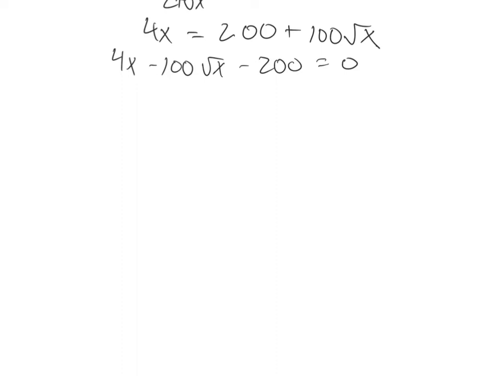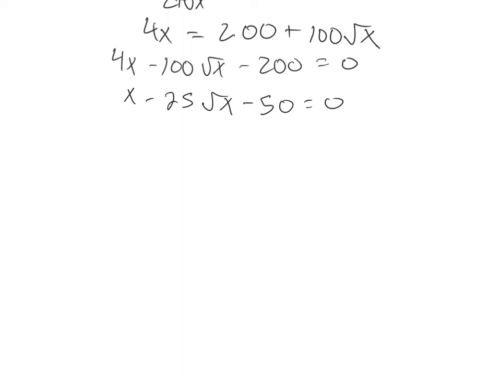I'm going to divide everything by 4 first. So this gives me x minus 25 root x minus 50 equals 0. It does not seem to factor well. I can't think of any factors of 50 that are going to subtract to make 25.